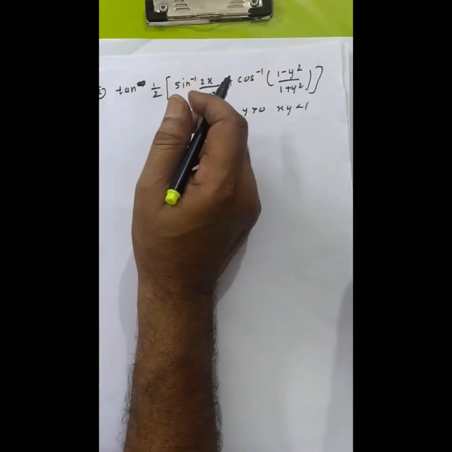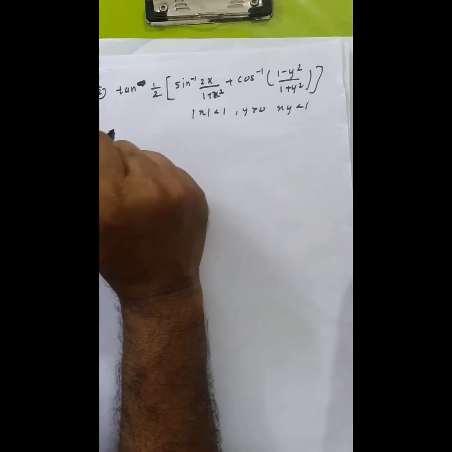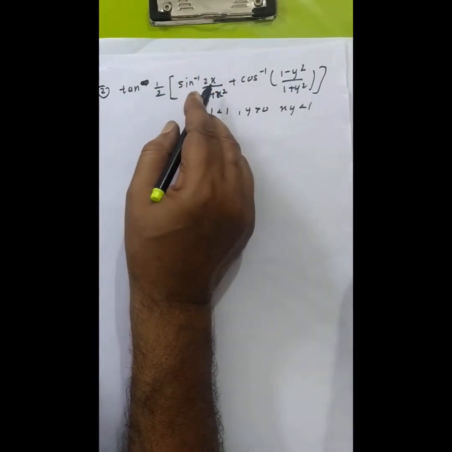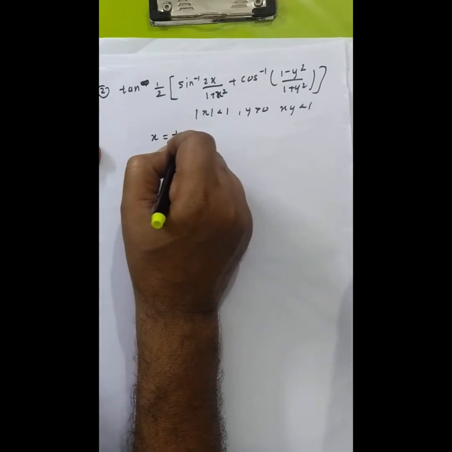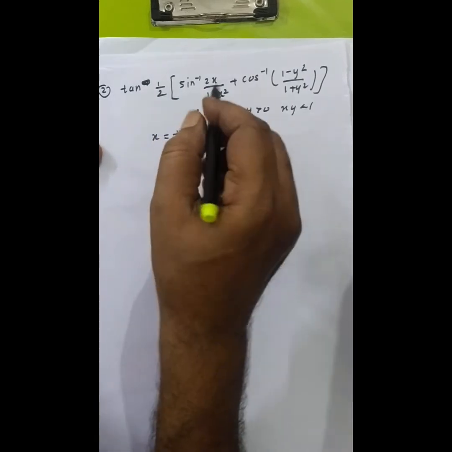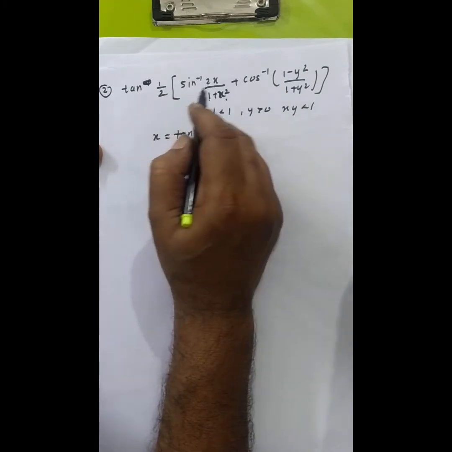So there are two parameters here, one is x and one is y. We cannot take a common substitution for both sums. So for the first one I will take x is equal to tan alpha. So this will be 2 tan alpha upon 1 plus tan square alpha, that will be the value of sin 2 alpha.